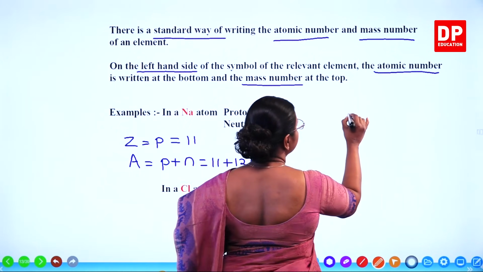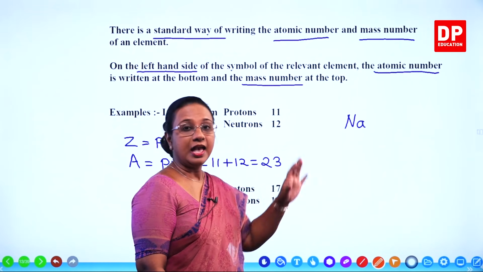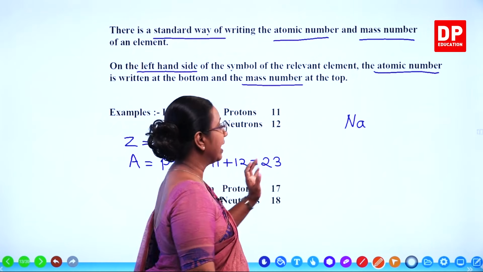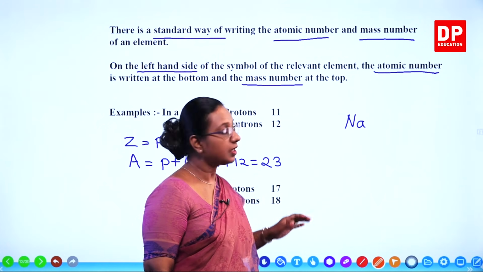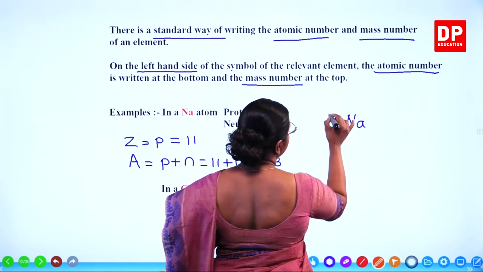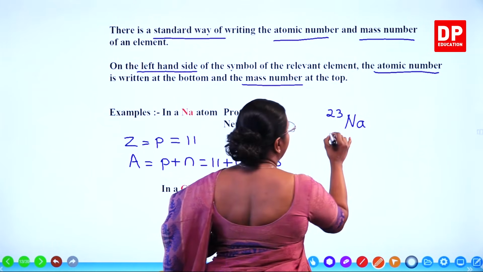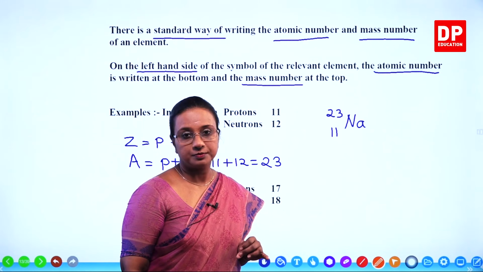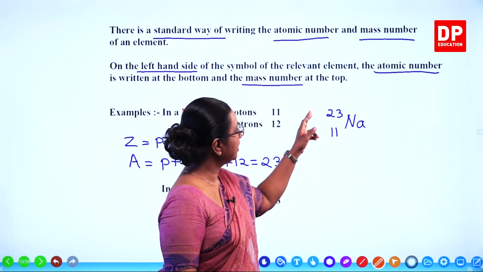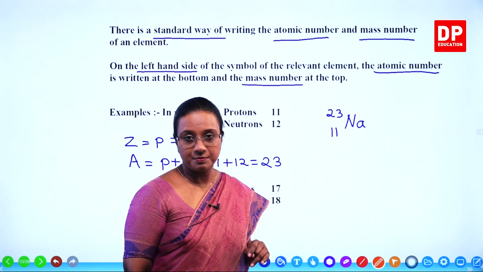Then we write the standard symbol of sodium, Na, and we have to write these two values on the left hand side. On the left hand side, we write the mass number on top and the atomic number at the bottom. 11 is the atomic number, 23 is the mass number.